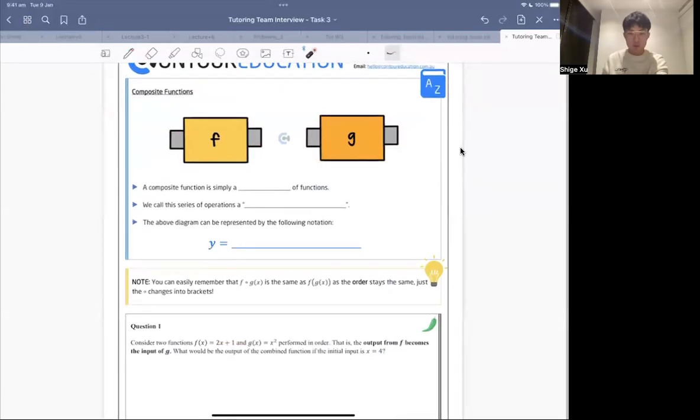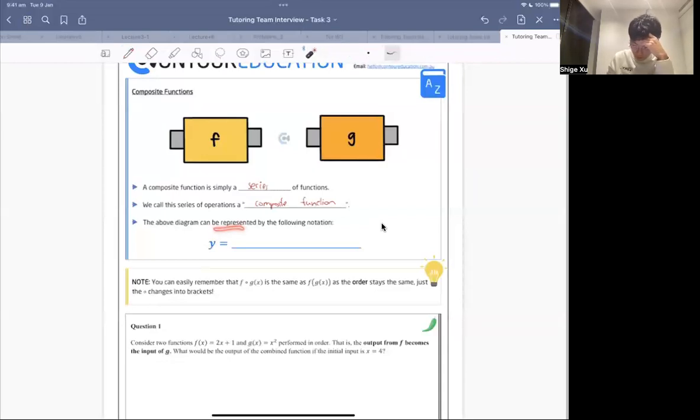A composite function is simply a series of functions because we want one function to occur first, then another. Right? So a series. We call this series of operations a composite function.